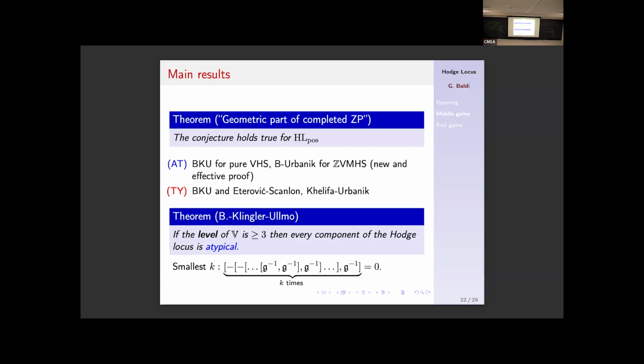Please. Just sorry, the notation that you're using in the formula for the level, g^{-1} is the weight minus 1 component of the... Okay. Thanks. Yeah, exactly. But on the Lie algebra, in fact, there's a way to identify the holomorphic tangent space of D with something that will look like g^{-1} plus g^{-2} plus ... g^{-k}.